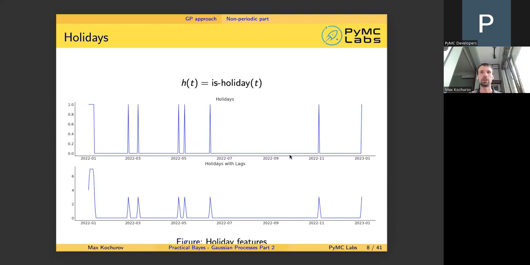So the actual event is distributed somewhere near the actual holiday. You can try to put this into the model, creating holidays with lags. If you think about it, those lags can be represented as a 1D convolution where weights are meant to distribute the holiday effect over time.